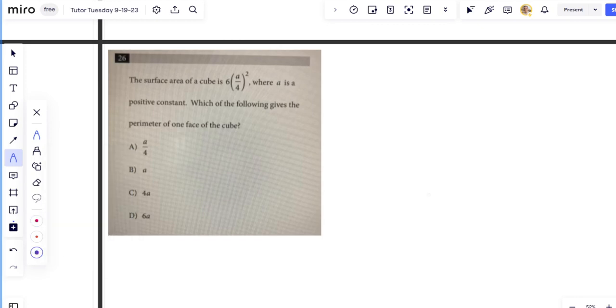Okay. Surface area of the cube is 6 times (a over 4) squared, where a is a positive constant. Which of the following gives the perimeter of one face of the cube? It's not too bad.